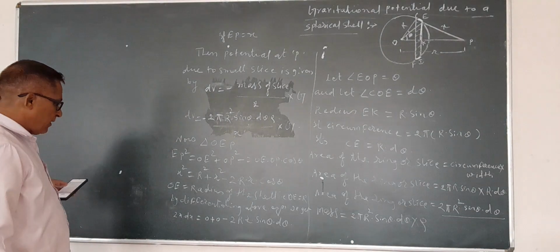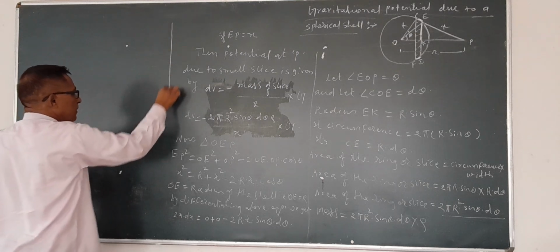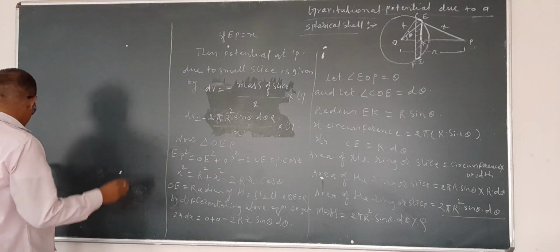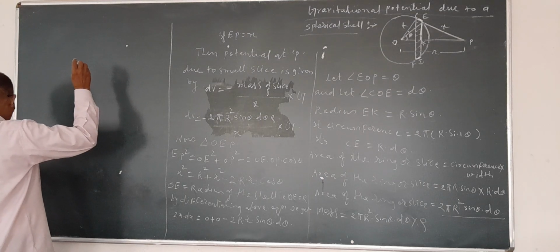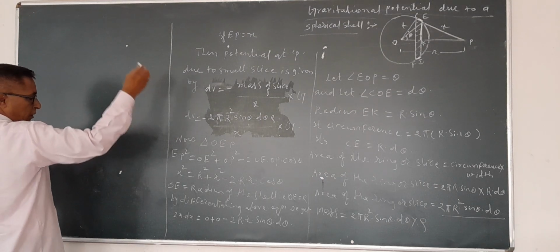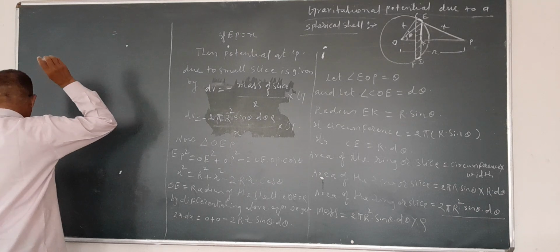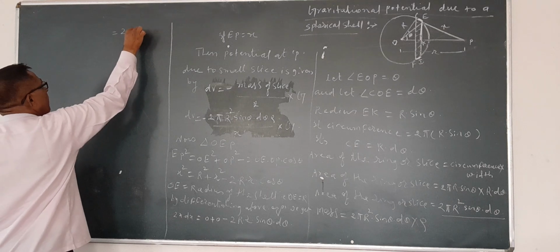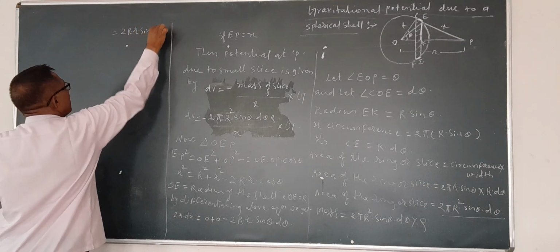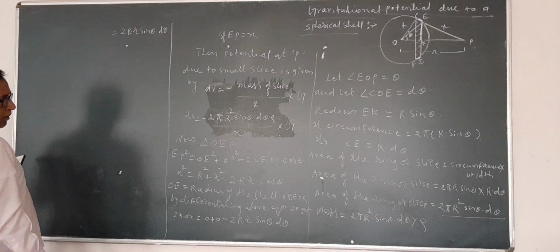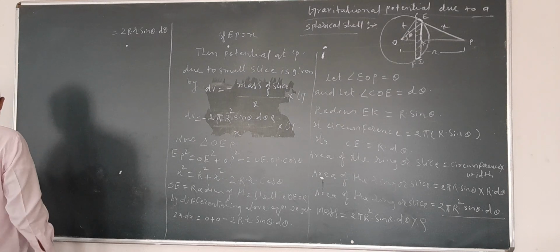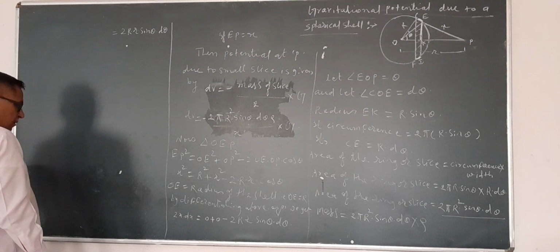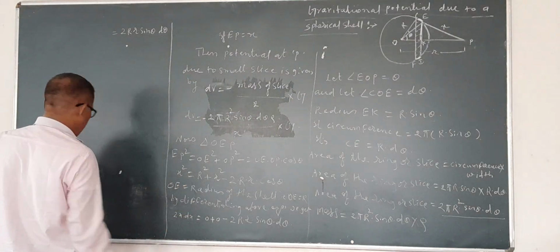This we can write as x dx equals R r sin θ dθ, where R and r being constant.